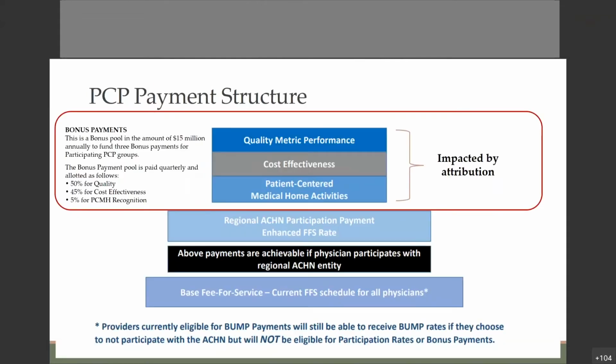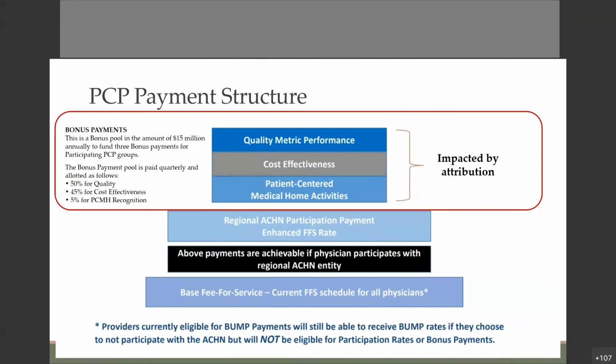This is the PCP payment structure that you are all familiar with. The bonus payment is a $15 million pool that is funded towards the cost effectiveness, quality measures, and PCMH recognition to the providers on an annual basis.